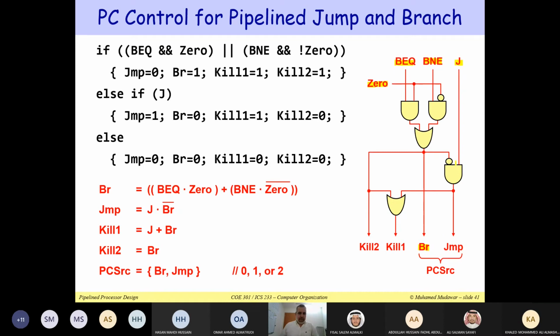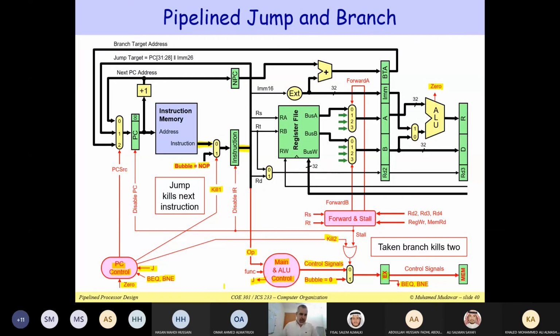Why do I need this AND gate? Notice that here it says that if you are jumping and not branching. The outcome of this PC control is this PC source. 0 means that we are not jumping, we are not branching. 1 here means that we are jumping, and 2 means that we are branching.